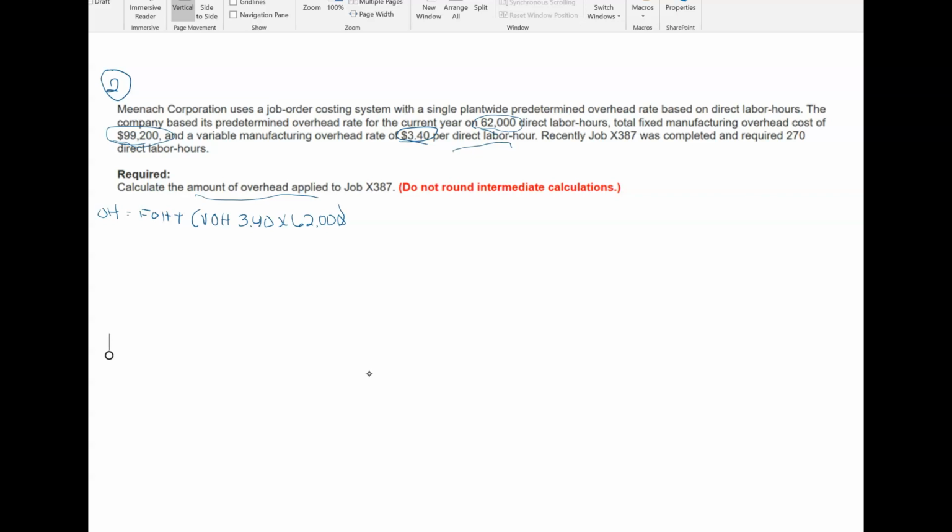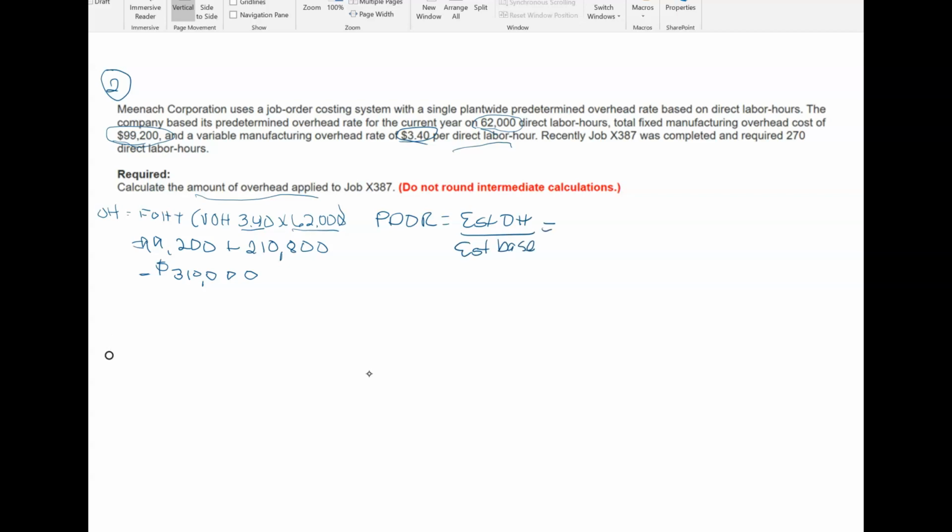The fixed overhead was 99,200 plus 3.4 times 60,000 is 210,800. Our total overhead then is 310,000. Now we can use that to calculate the predetermined overhead rate, which is the estimated total overhead over the estimated total base.